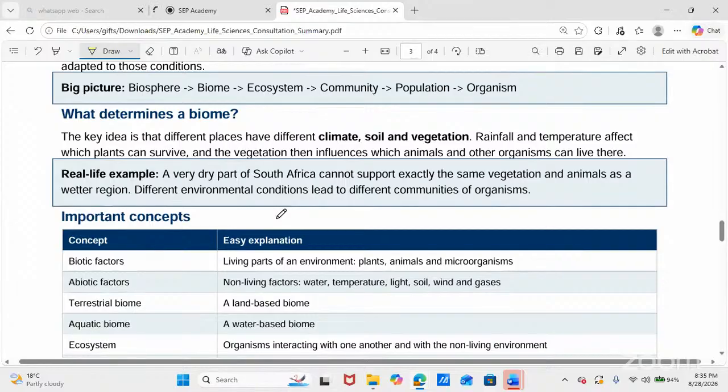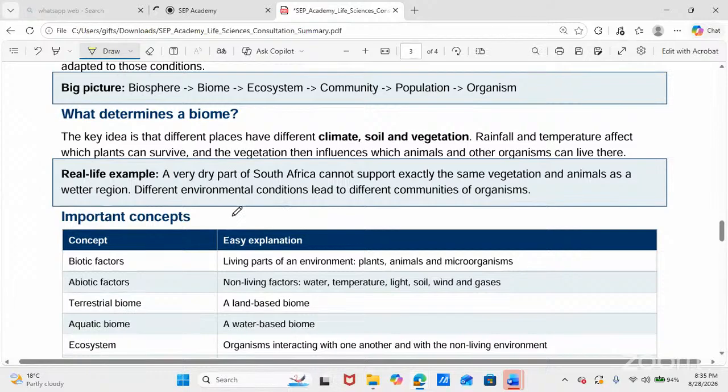And when we talk about communities, we talk about different populations coming together in that same place. Do you understand that? I hope you do, because they build up from one thing to the other.